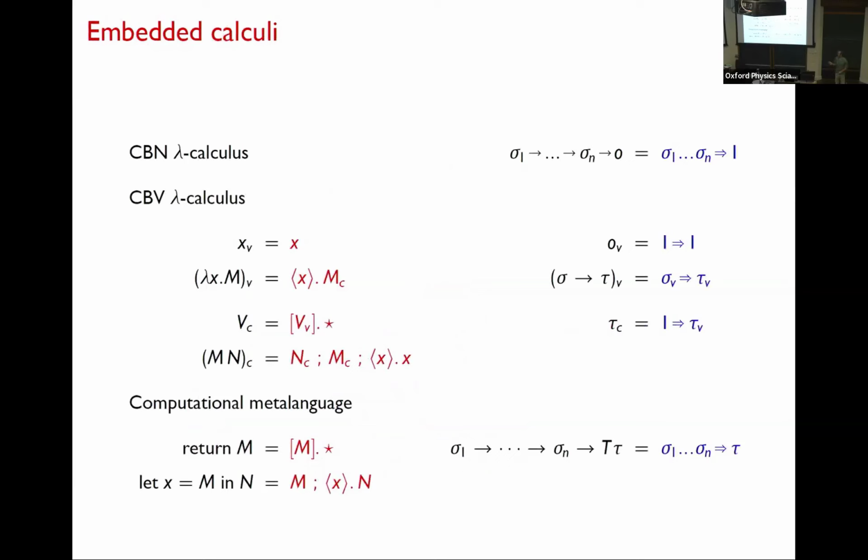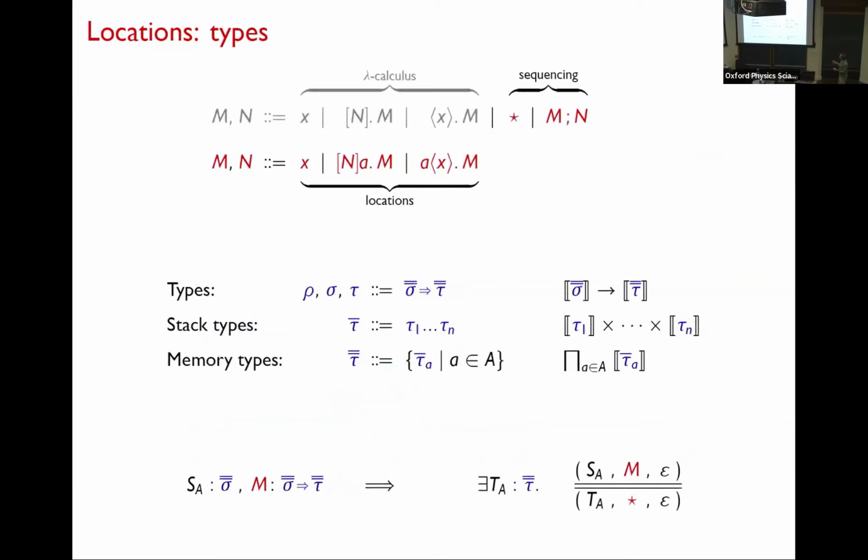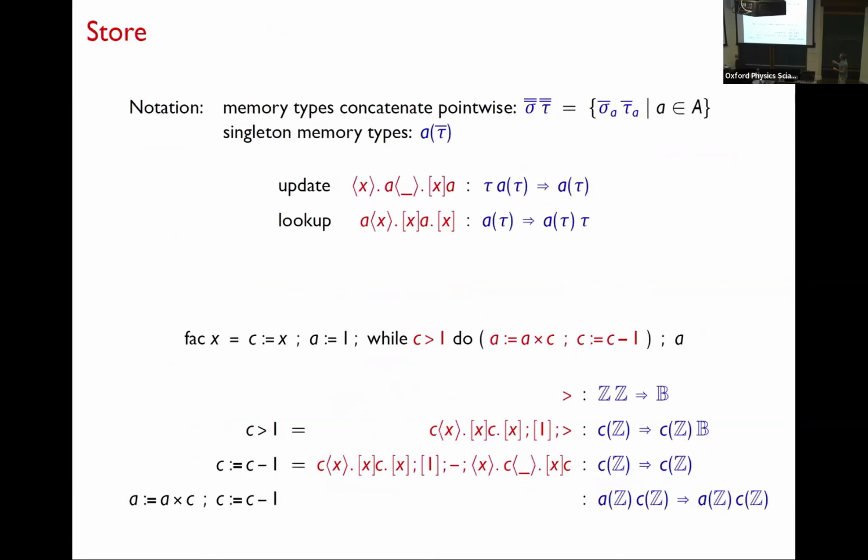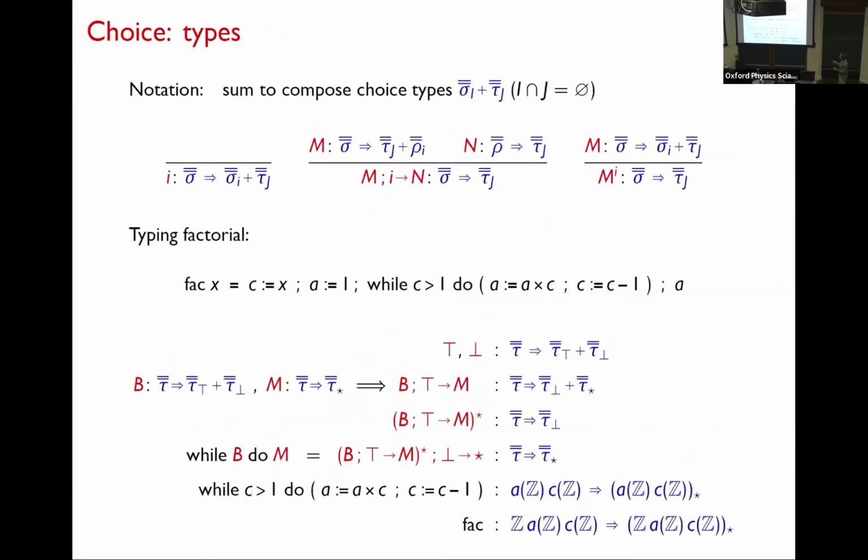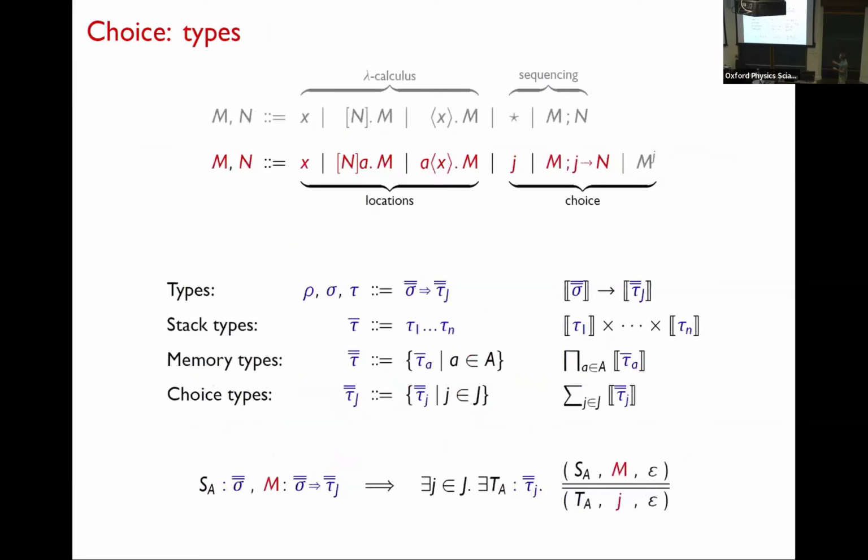Okay, very quickly, skipping all that, just to show you how choice types work. So we can get memory types simply by parameterizing further in A, so a family of vectors, and we get choice types by parameterizing these memory types into J. And the semantics is an indexed product and an indexed sum.